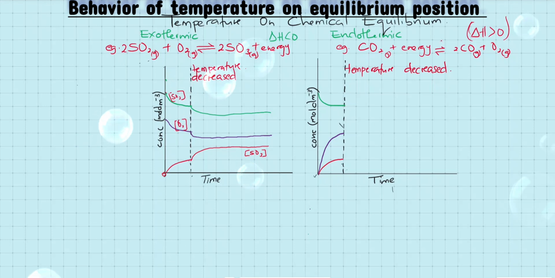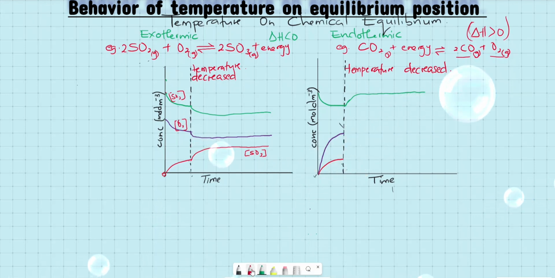Then the products, we have carbon monoxide plus oxygen. So the concentration of products will decrease because the system shifts to the left to restore the energy. Then the concentration of products decreases.